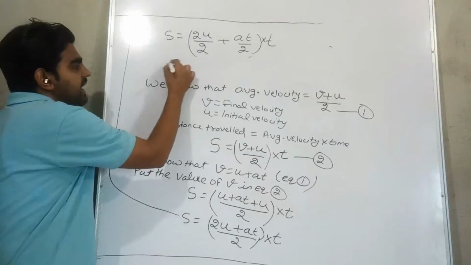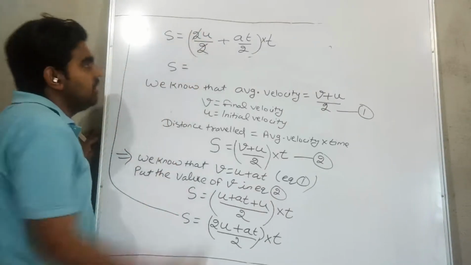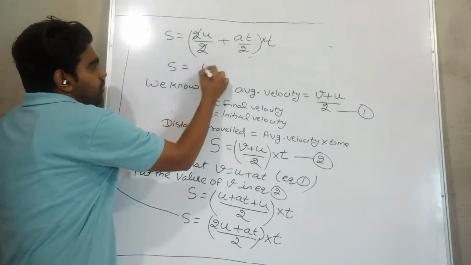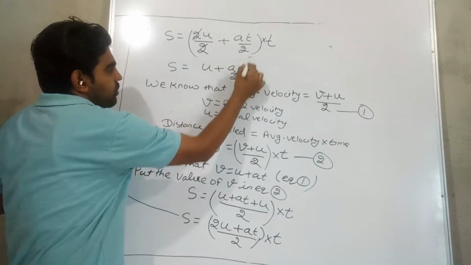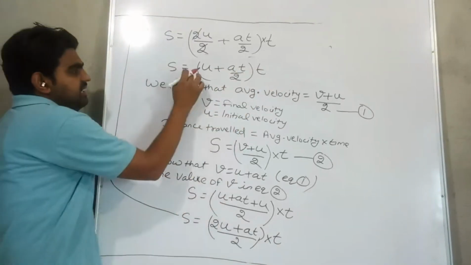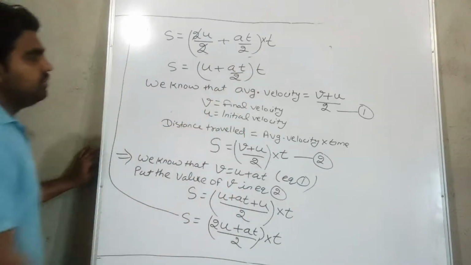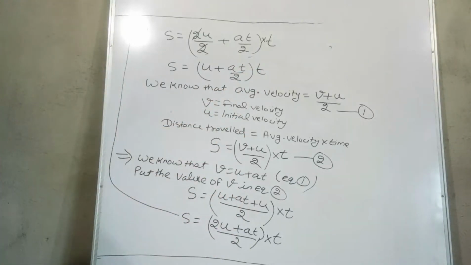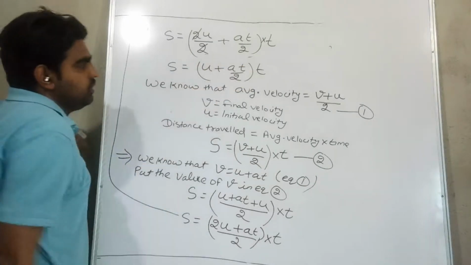Now the 2 cancels with the 2, so s equals u plus at upon 2 into t. Clear?